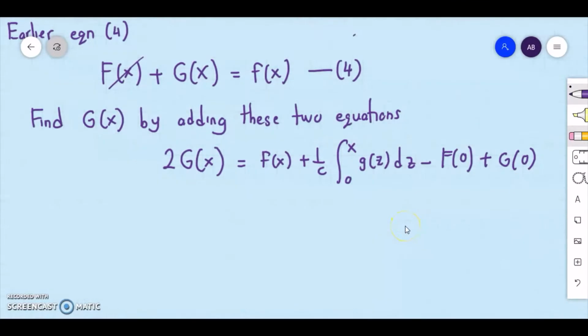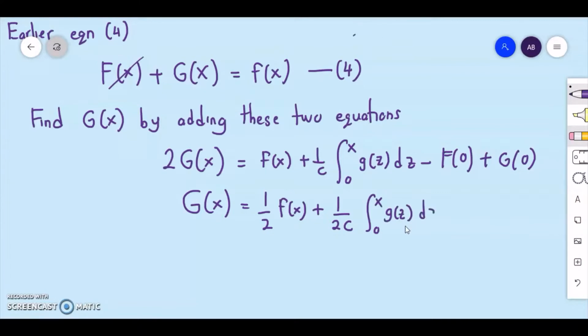That will give me big Gx equals 1 over 2 little fx plus 1 over 2c integrate from 0 to x gz dz minus f0 plus g0. Now this is the equation for G.